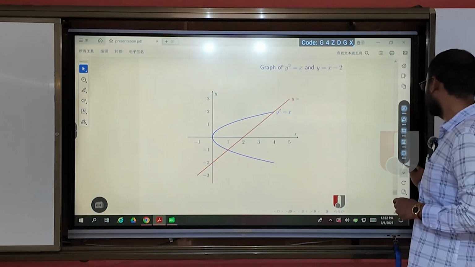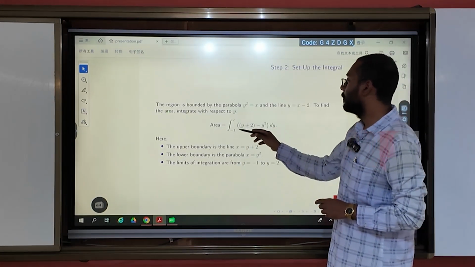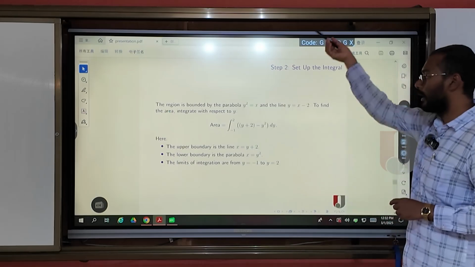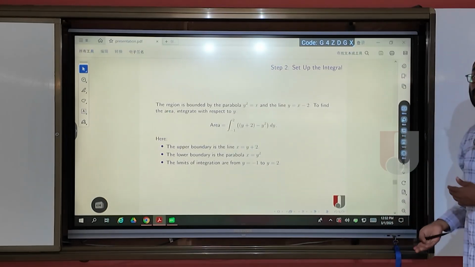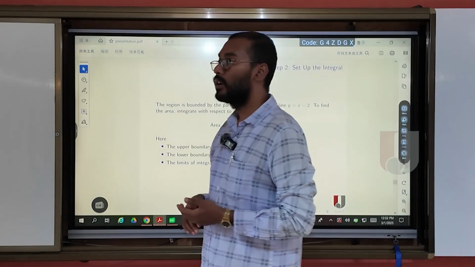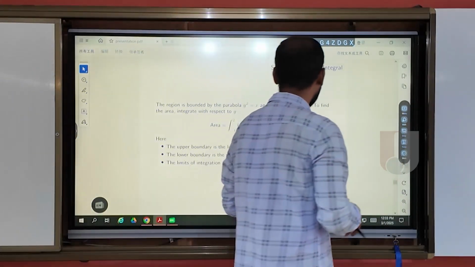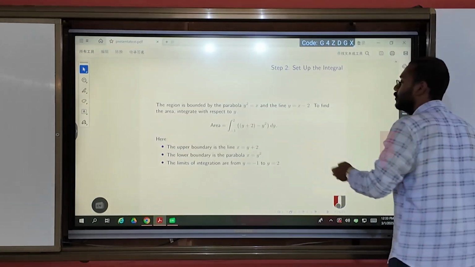Okay, for this purpose, what we are doing, with the above portion, it is from minus 1 to 2. That time we are not doing the integration with respect to x. Now we are doing it with respect to the y variable. That time we have changed. So here y plus 2 to y square.